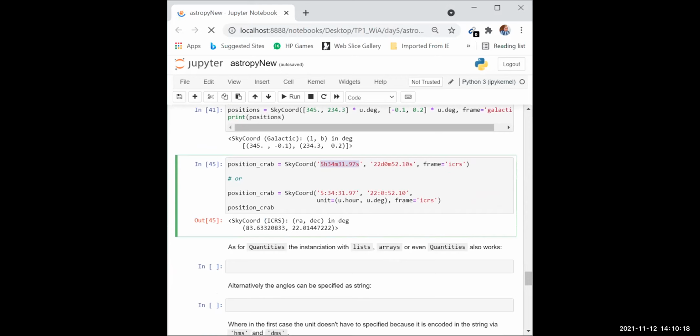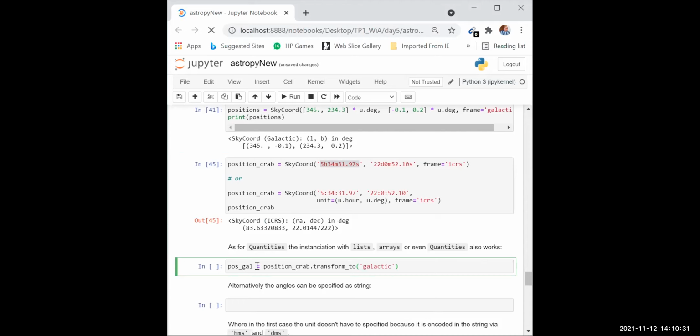And you can get the position in the galactic coordinate system. So now I'm getting the same position of the crab which we have. We are converting it to the galactic one, and we're using this function transform_to, and here you specify whichever frame you want.